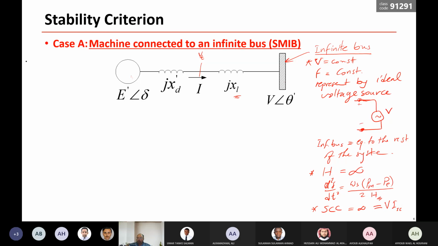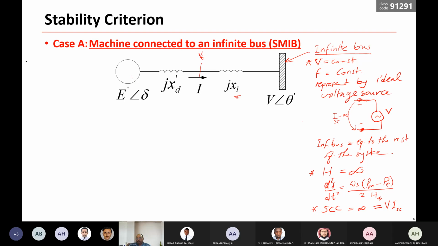If you have a constant or ideal source here, V is constant. If you do a short circuit here, how much is the current? Infinity.